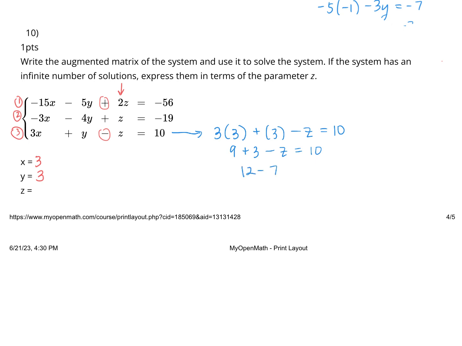So that's 12 minus z equals 10. Subtract 12 from both sides. I get negative z equals negative 2. Divide by negative 1. So I get z is 2. So 2 is the answer to z.